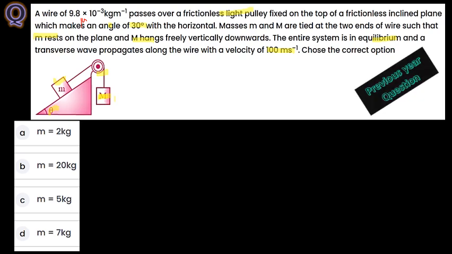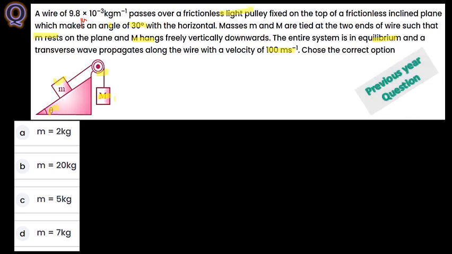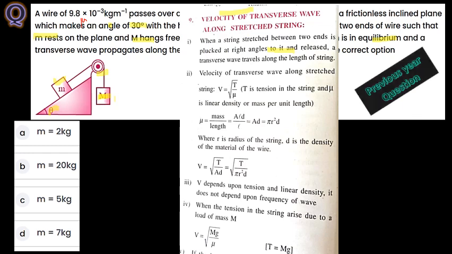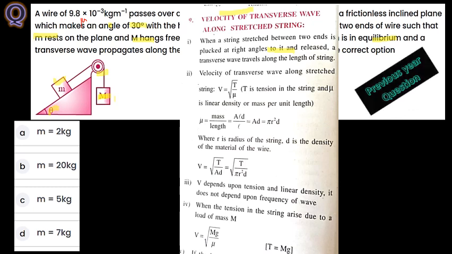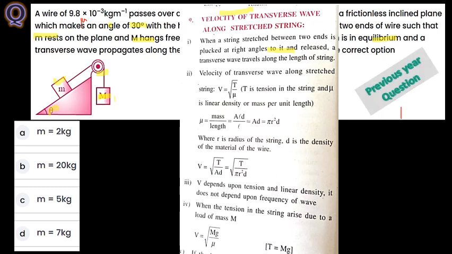Choose the correct option. For this, in case of a transverse wave, let me tell you: the velocity of the transverse wave along a straight wire. What do you mean by a transverse wave, and how is it produced along a straight line? Take a string fixed at rigid ends on either side.